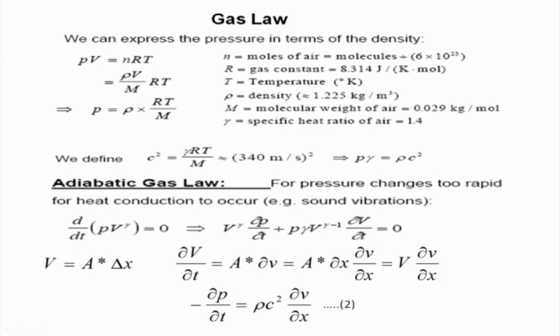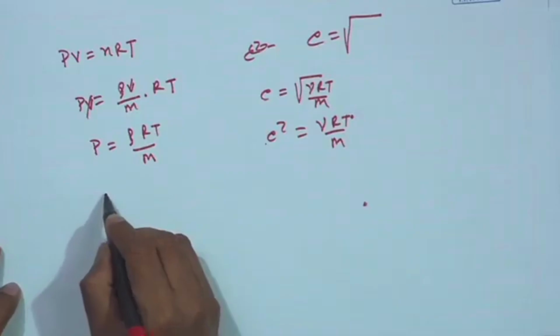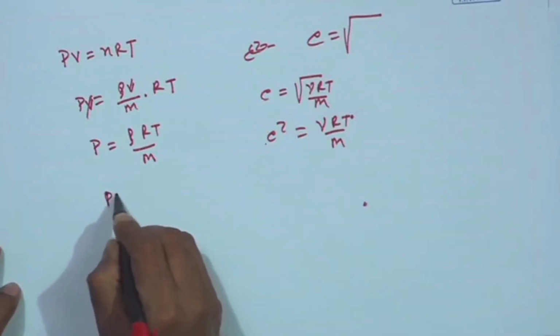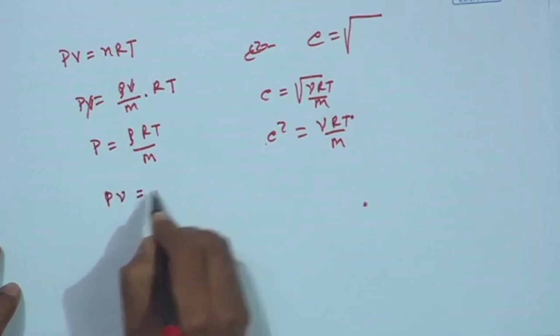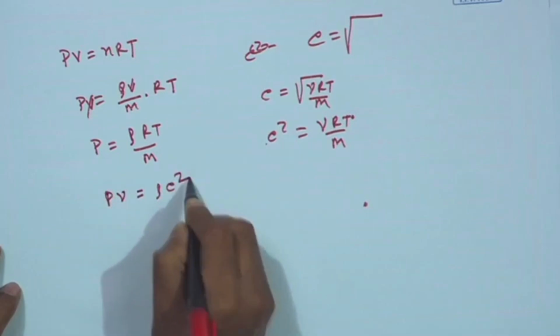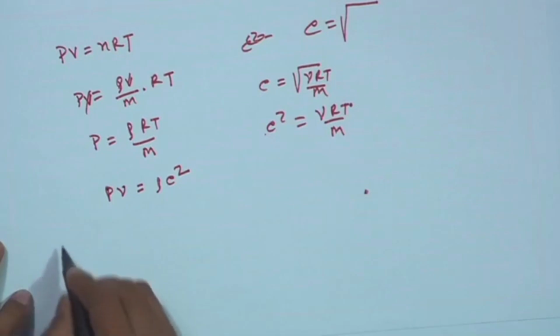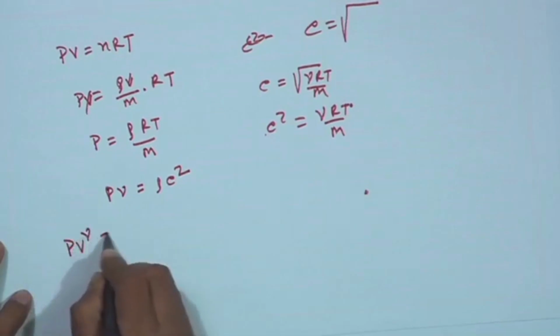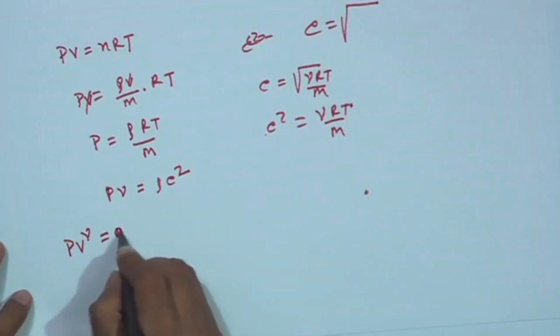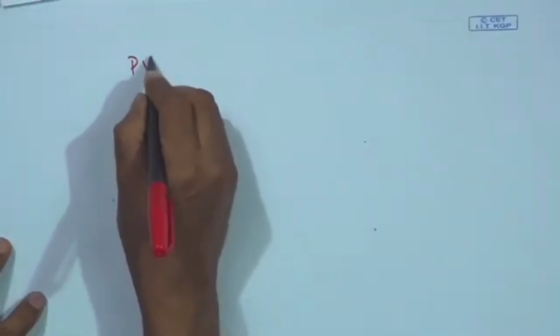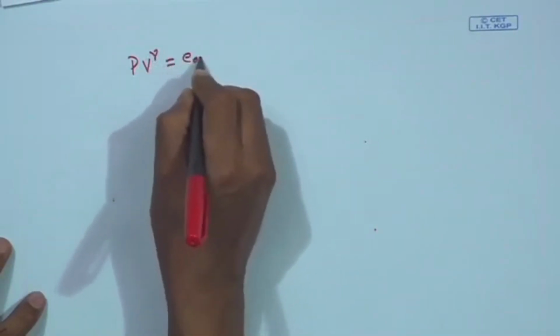So from here I can say that P into gamma is equal to rho into c squared. Another way, I can say P V to the power gamma is equal to constant.